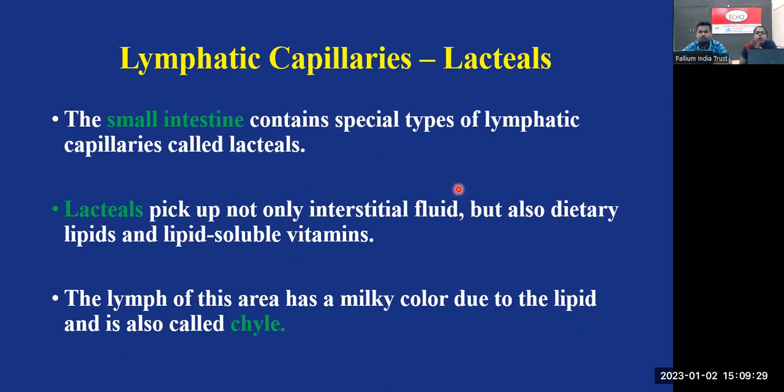We call them lacteals. The lacteals absorb the interstitial fluid from the intestine, and also absorb the lipid-soluble vitamins from the small intestine. That is why the lymphatic fluid in that area looks milky in color.